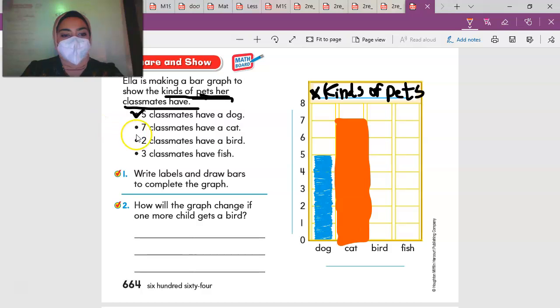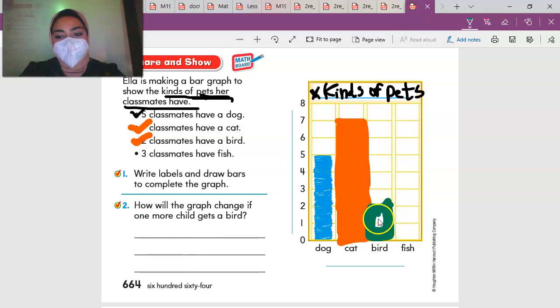All right, so I already did 7 cats. 7 classmates have cats. The next one says what? 2 classmates have a bird. So what am I going to color in for bird? 2. So I'm going to color in 2 squares for birds. And again, I'm going to choose a different color.